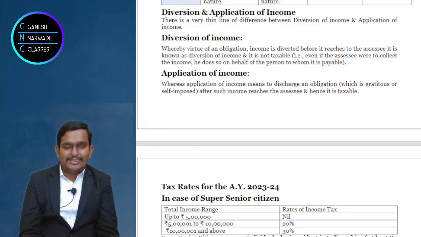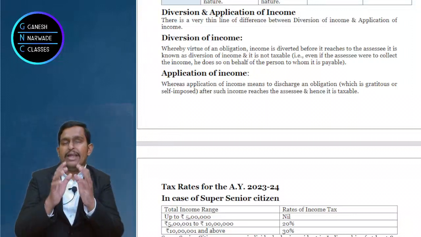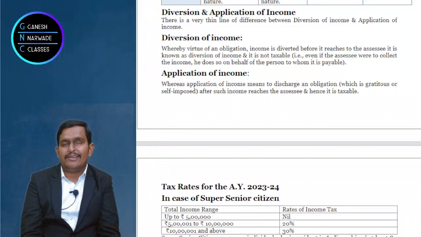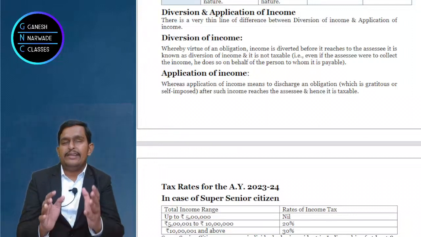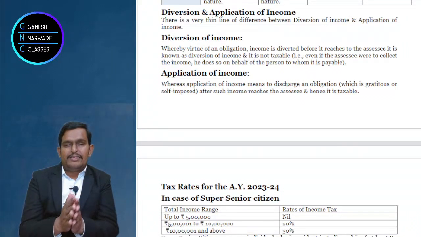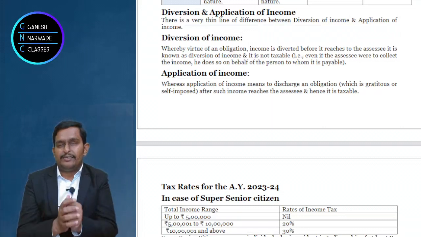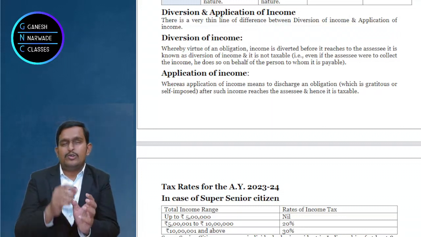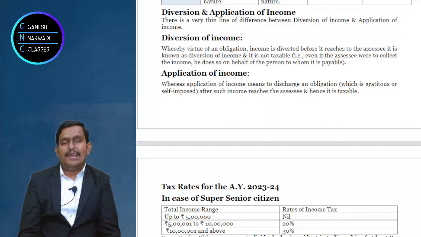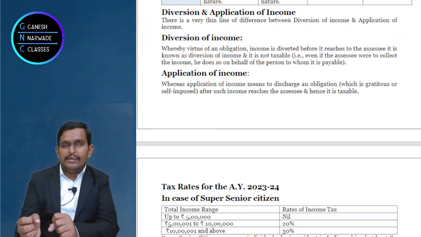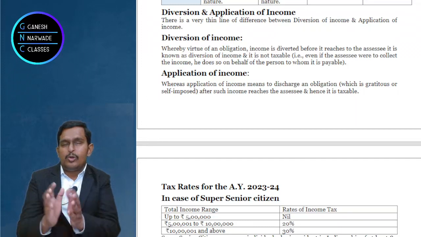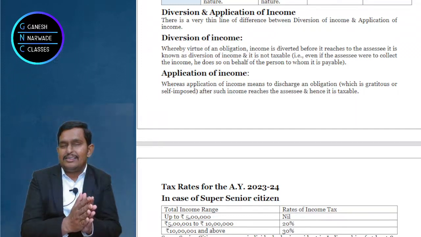First, what is application of income? Application of income is nothing but spending the money. In simple language, application is spending the money. Suppose you got salary and then you spent the money. Can you say to the government that because I spent the money, you don't tax me for that?